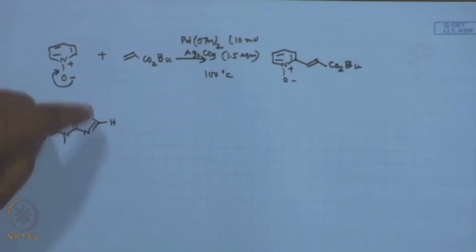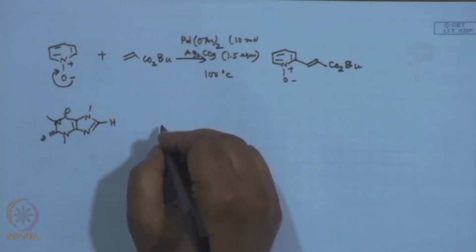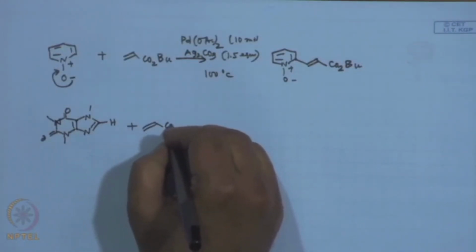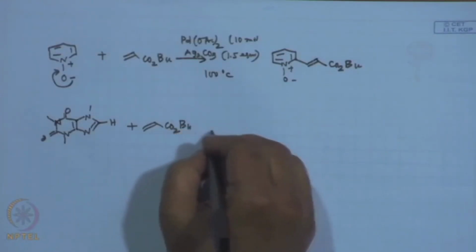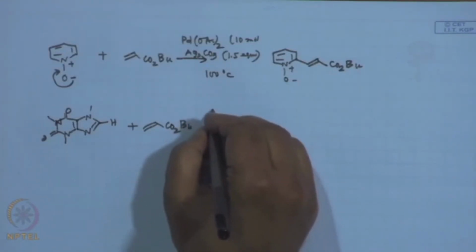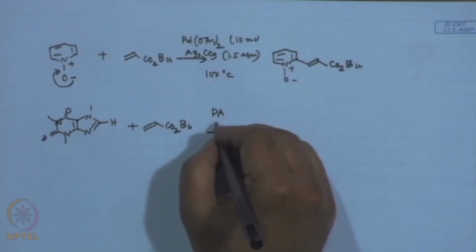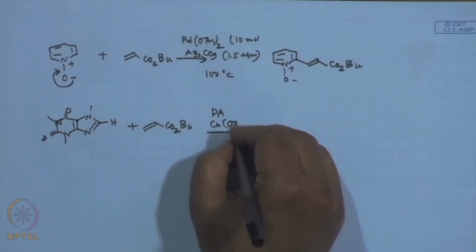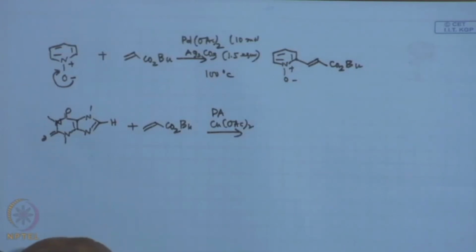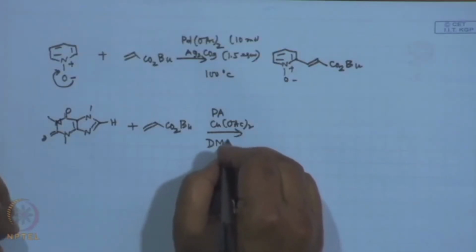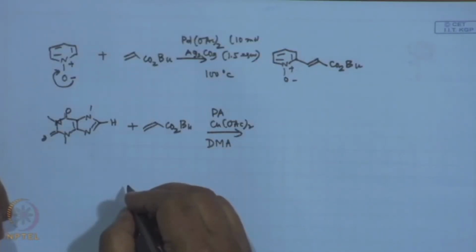So, imidazoles typically are nucleophilic in nature, and then the other reagent again is acrylates, butyl acrylate, and Pd(OAc)2, I write. Then, what else? Now the new oxidant here is cupric acetate, and the solvent is a little different, DMA, dimethylacetamide, a little higher boiling.